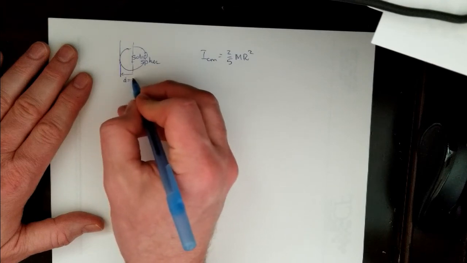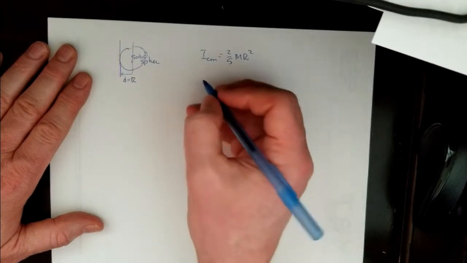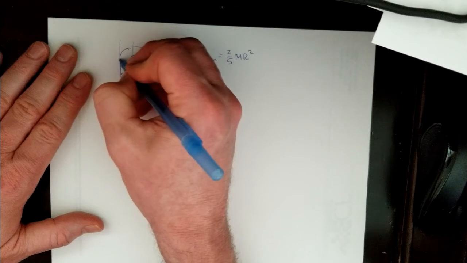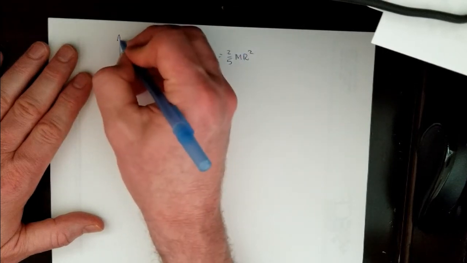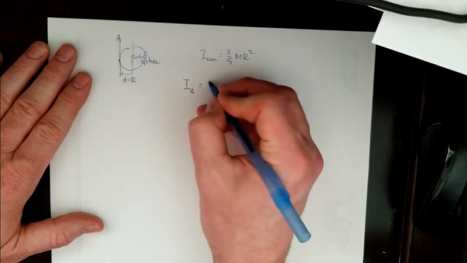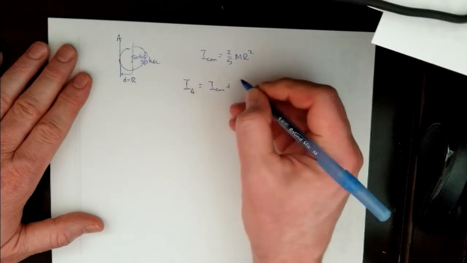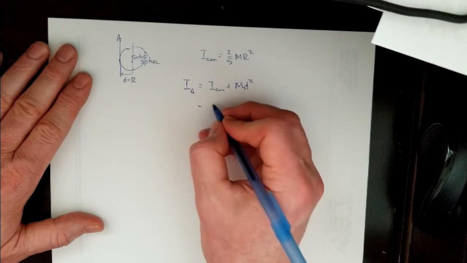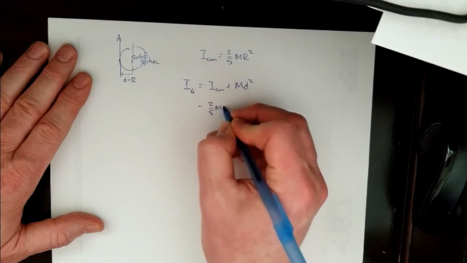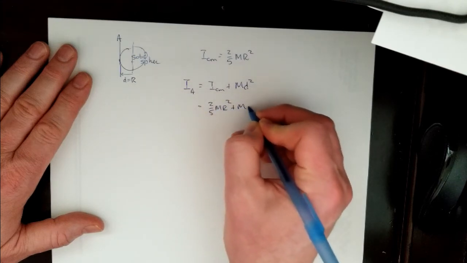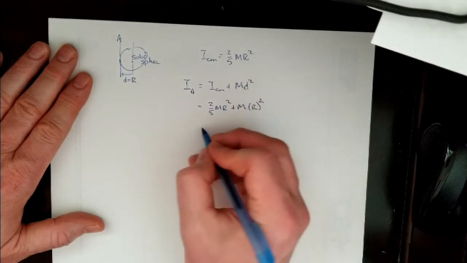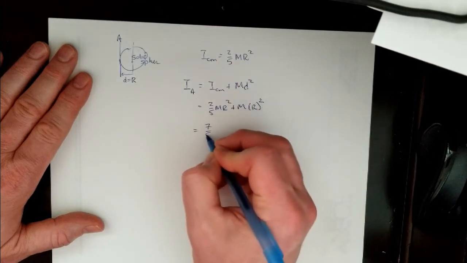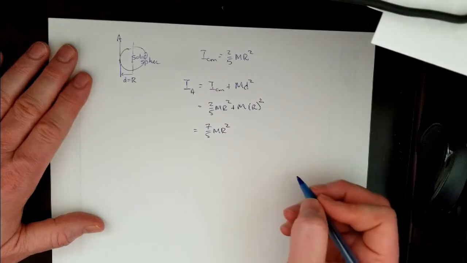This is my distance d, which is just the radius of the sphere. So the moment of inertia about this axis, which I'll call A, is equal to the moment of inertia of the center of mass plus md squared, which is 2/5 mr squared plus m times r squared. So this becomes 7/5 mr squared.